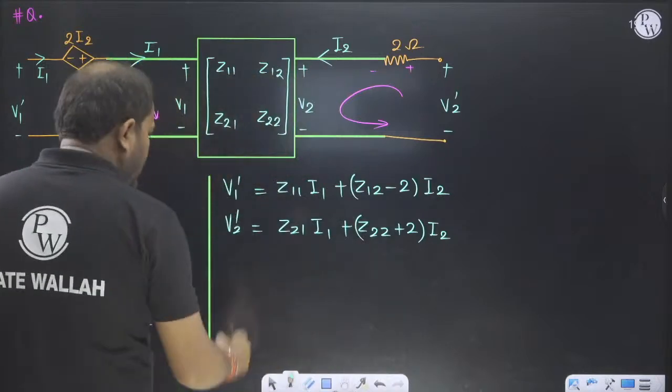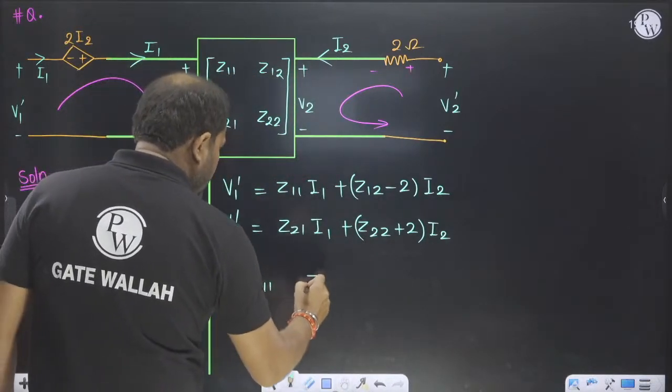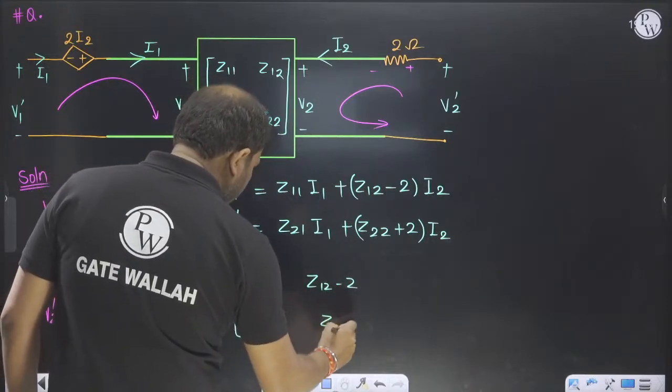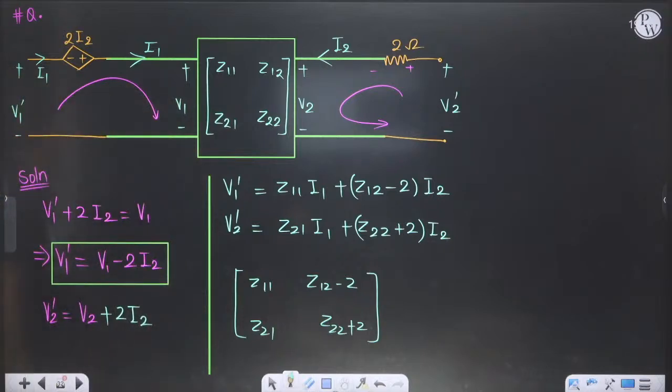So our new Z parameter will be Z11, Z12 minus 2, Z21 and Z22 plus 2. So this is our new Z parameter. It is a very simple question.